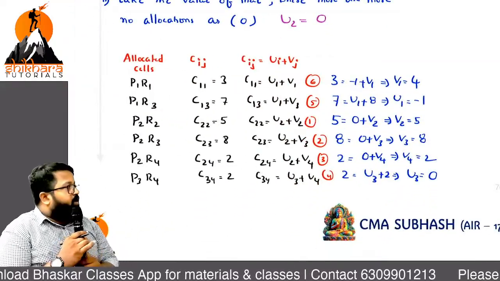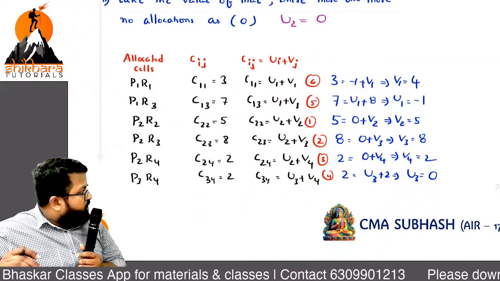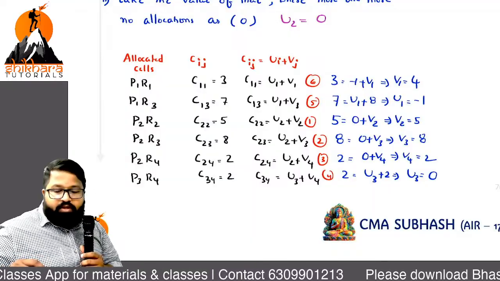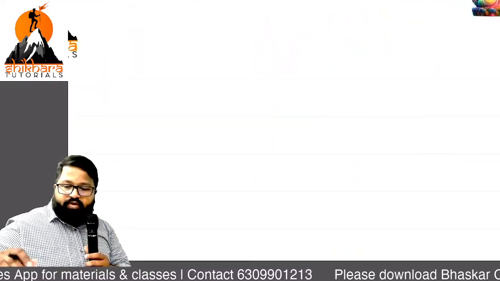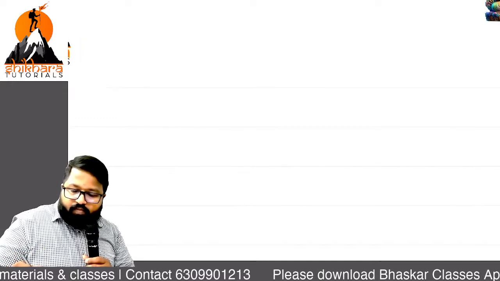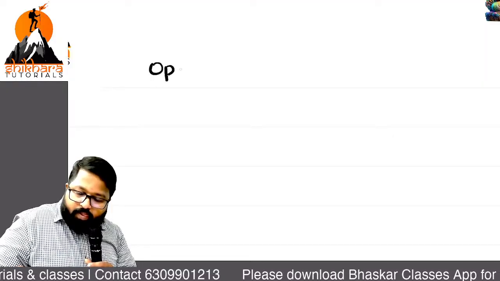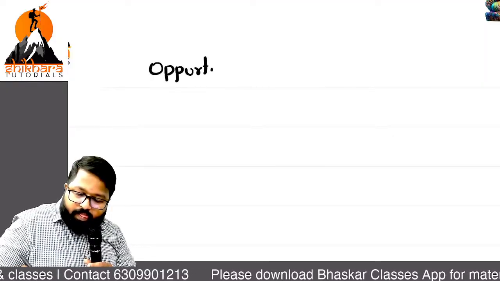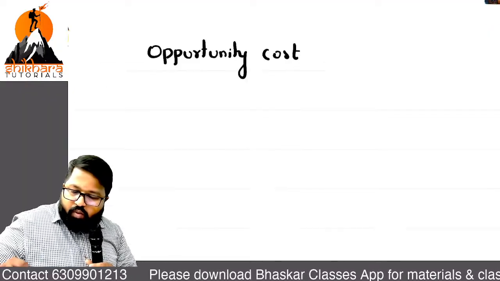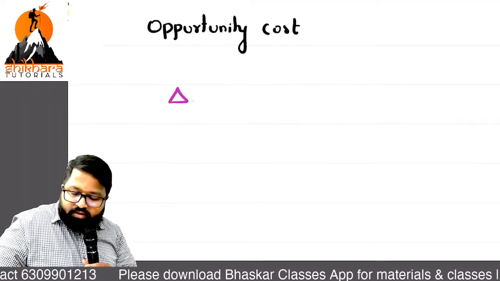Once this part is done, what is the next part to be done? Opportunity cost. Okay, go with the opportunity cost calculation. What is the formula for opportunity cost?